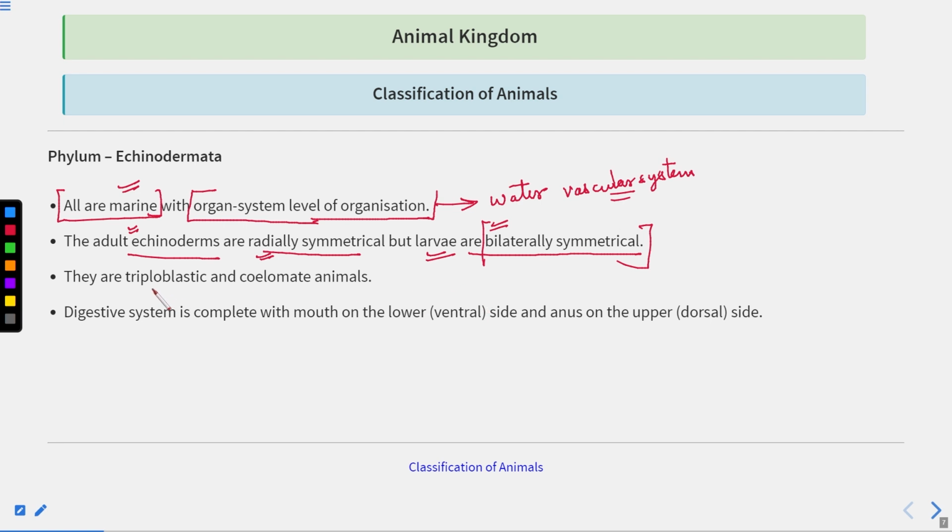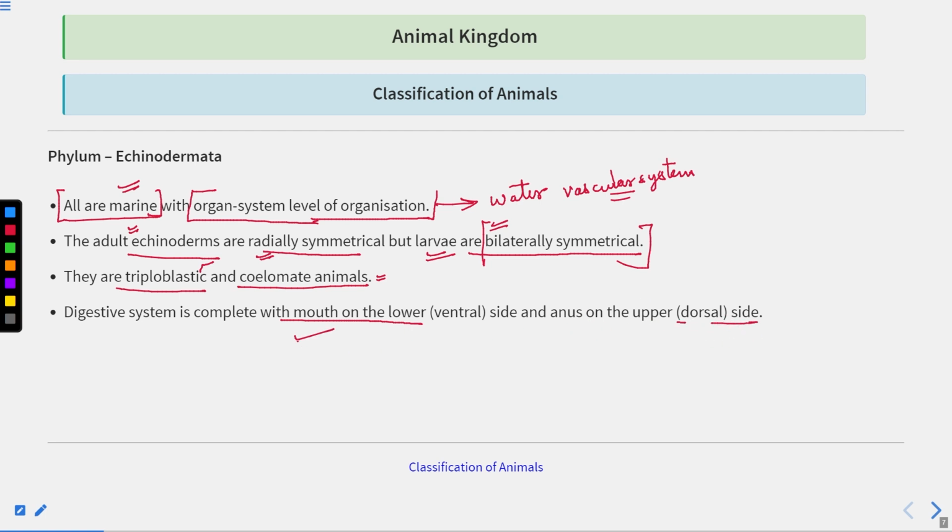They are triploblastic and coelomate. If you see the developing embryo, then you can see the three germinal layers, ectoderm, mesoderm, and endoderm. And coelomate animal, why are they called coelomate? Because they are having a true body cavity. The digestive system is complete, with mouth on the lower ventral side and anus on the upper dorsal side.